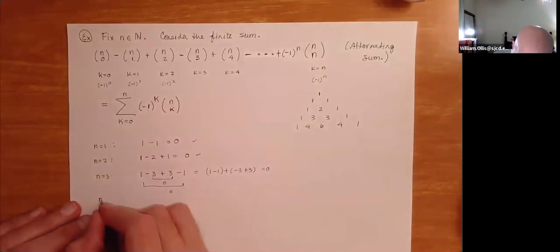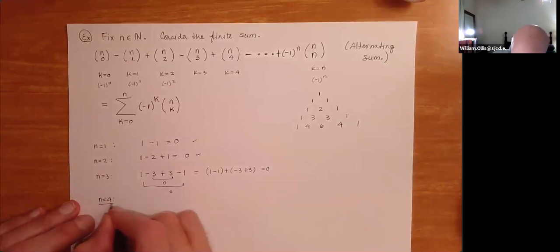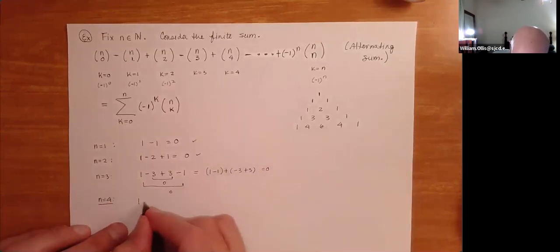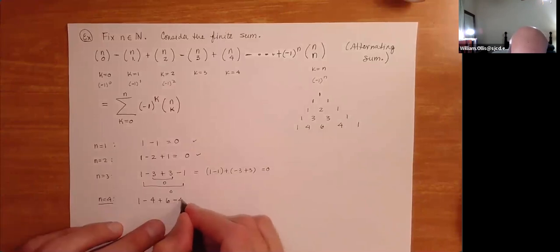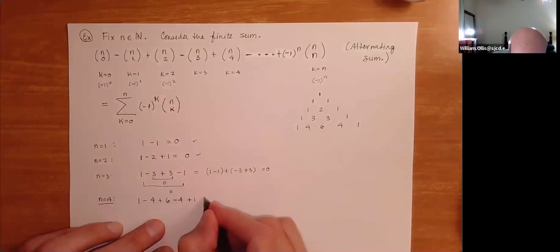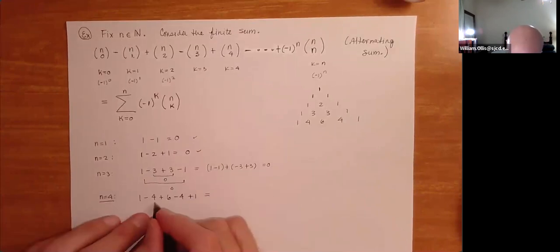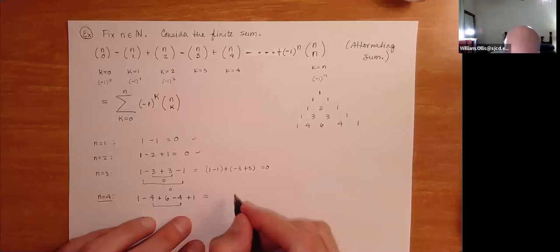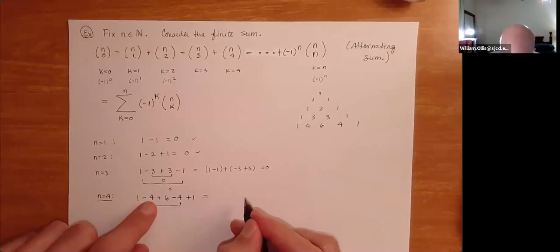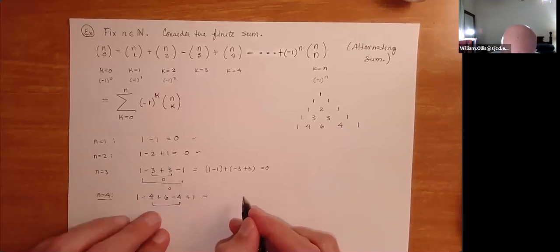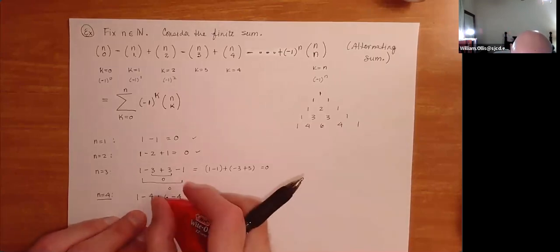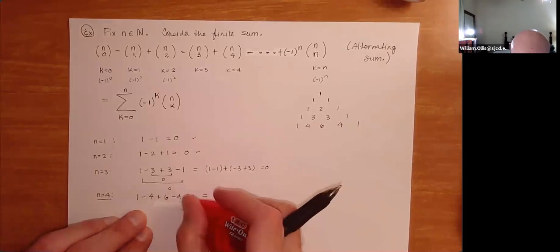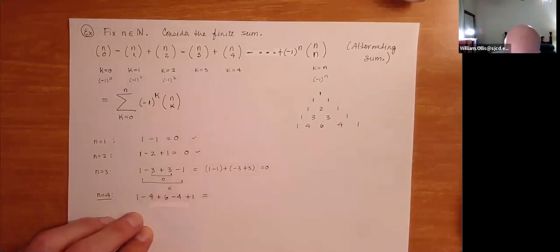Let's try n equals 4. So here we go. We have 1 minus 4 plus 6 minus 4 plus 1. Well, we'll put the 4's together. So now, let's just associate as we move through.